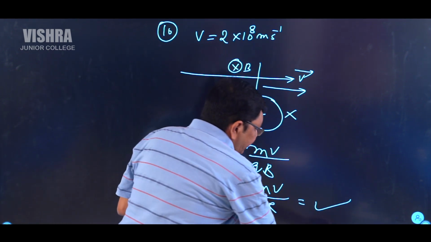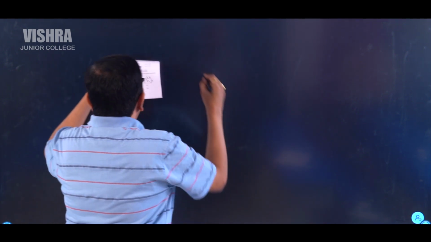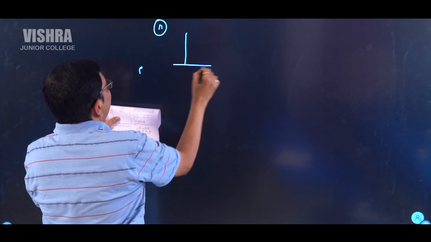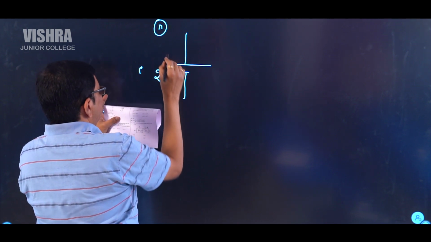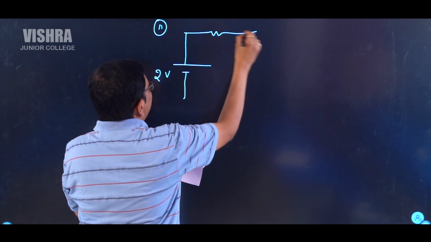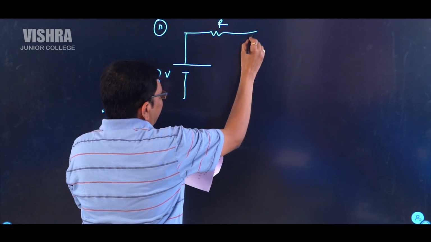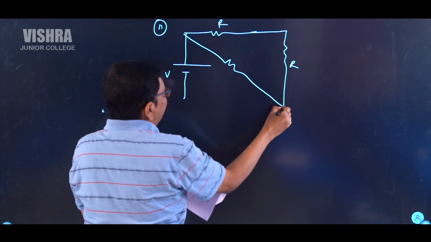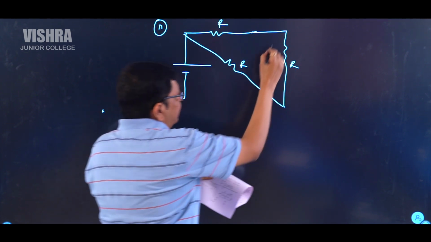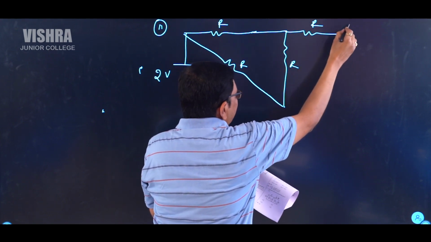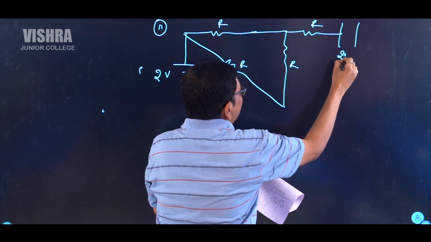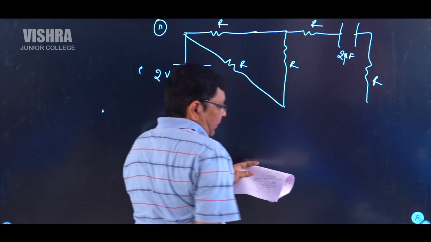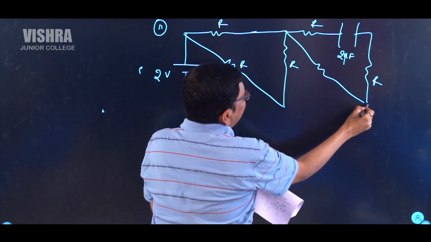In the next question, it is a CR circuit. He has given a battery of potential difference 2 volts, connected with a wire of resistance R. Next, another wire of resistance R. Diagonally, one more wire is connected with a resistance R, and next a wire of resistance R is connected to a capacitor of capacitance 2 microfarad, and this is connected to another resistor, and one more resistor R diagonally.